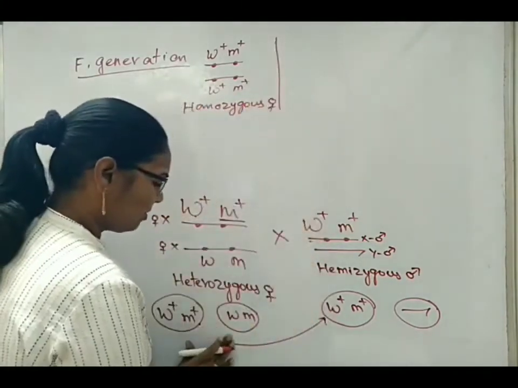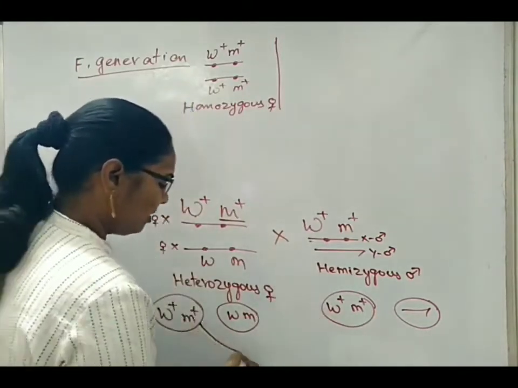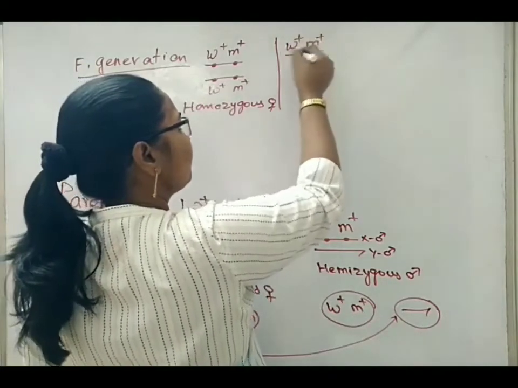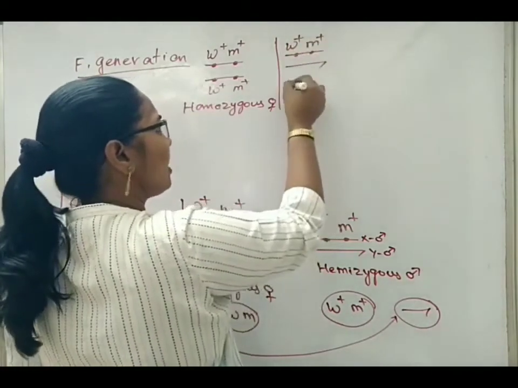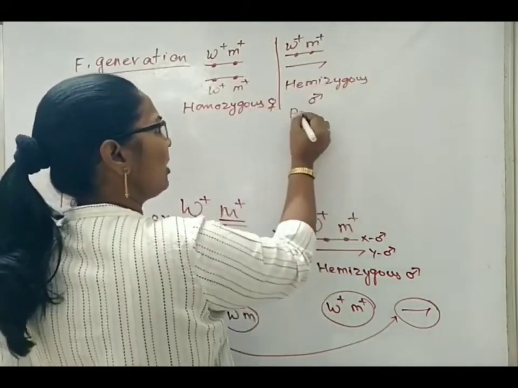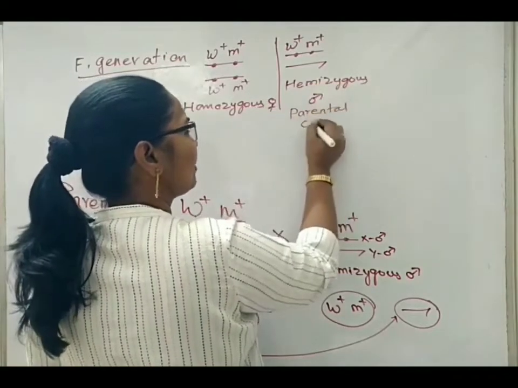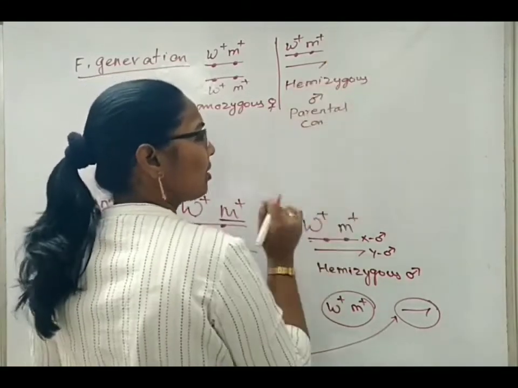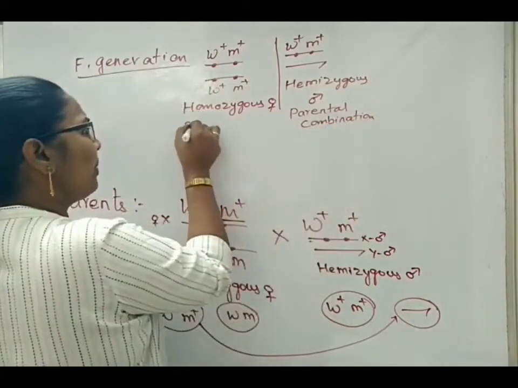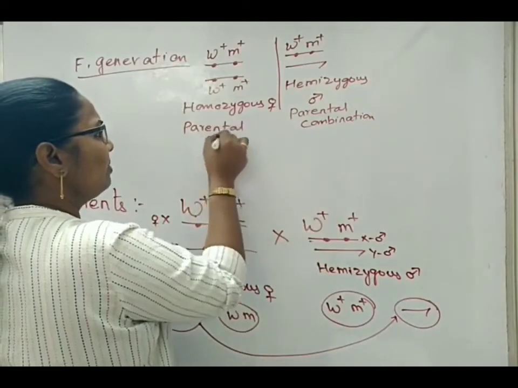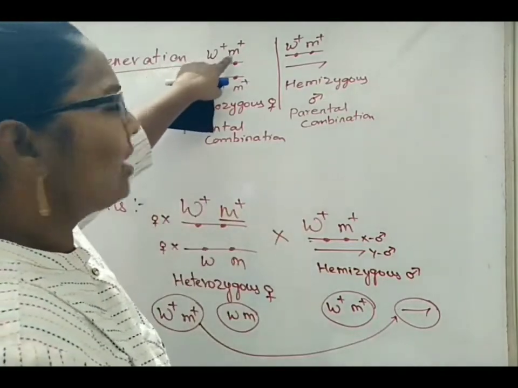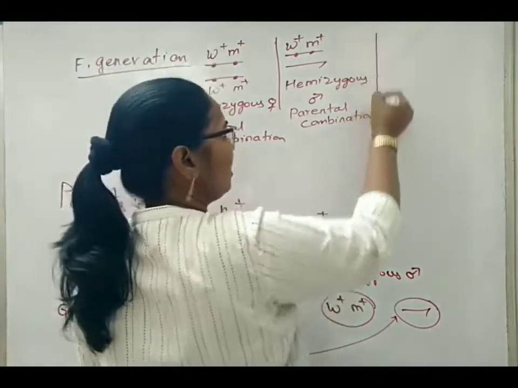Under cross, the dominant alleles with the Y chromosome, this is considered as a hemizygous male. This is showing parental combinations, or we can call it that this type of organism is showing parental combination. This is also a parental combination, because we are seeing red color eyed and large sized wings type of phenotypes in the offsprings.